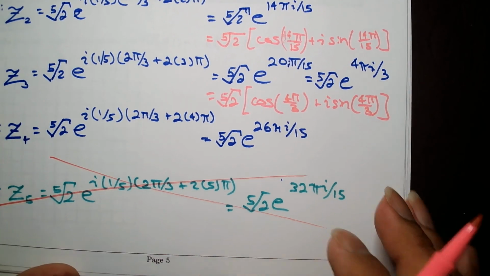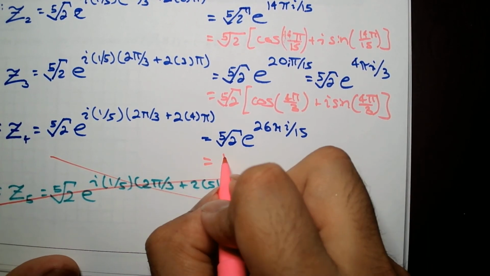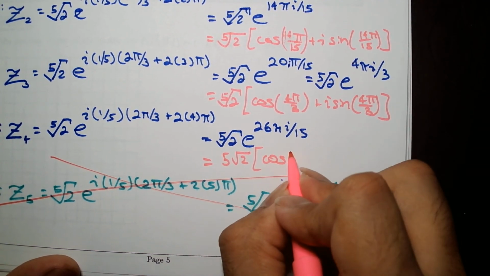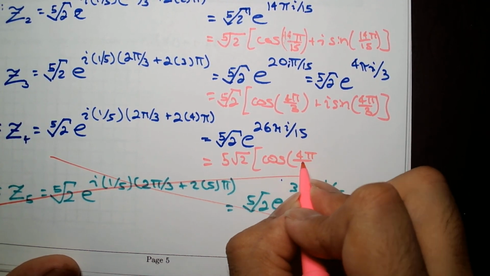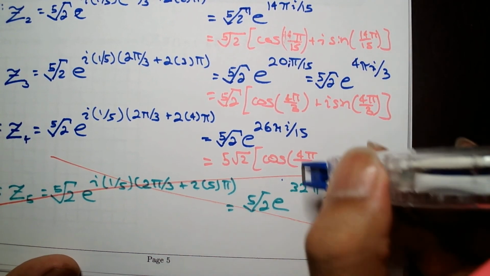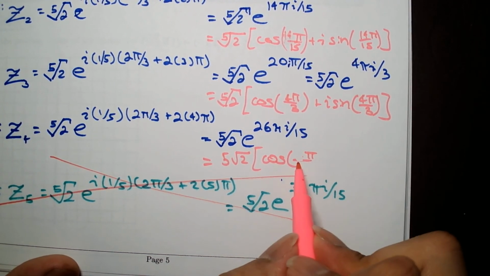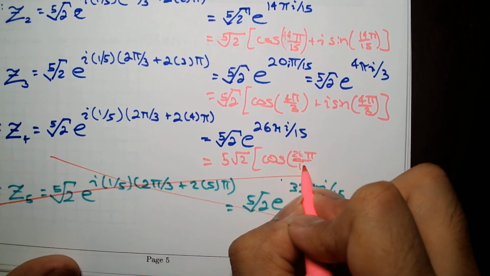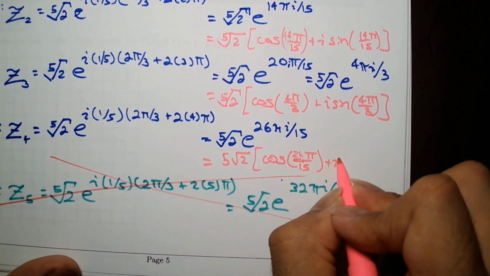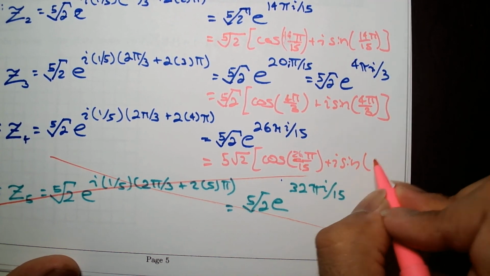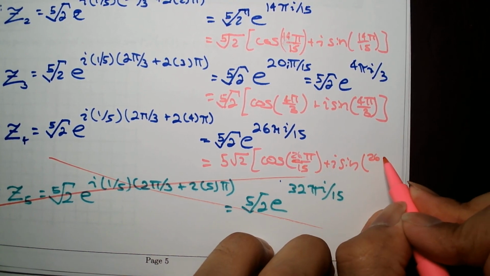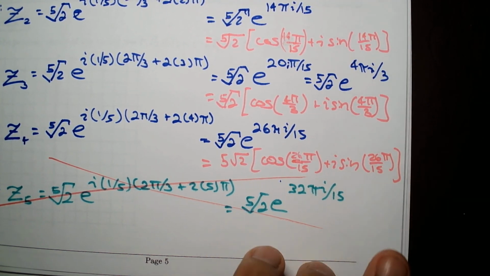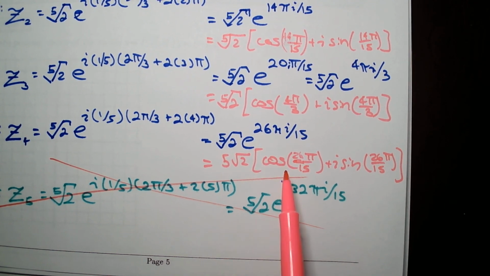And last but not least, just to wrap this up, fifth root of 2 cosine, not 4 pi, again I was looking at the previous angle, that's 26 pi over 15 plus i sine 26 pi over 15. Final answer, both exponential, polar, etc.